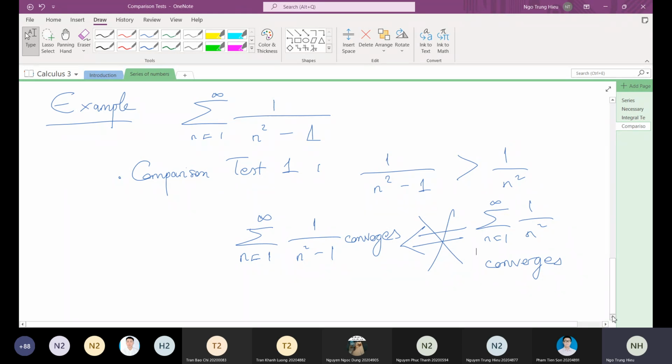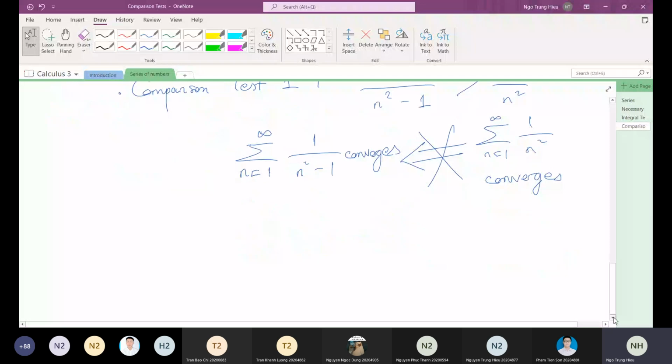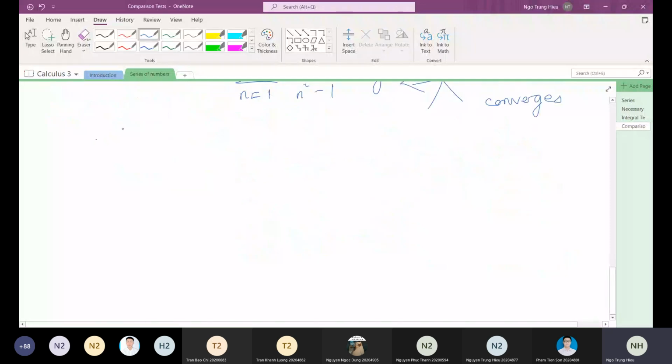So we have to use comparison test number 2. We also compare with the series the sum of 1 over n squared, but instead of using bigger than or smaller than, we use the quotient.